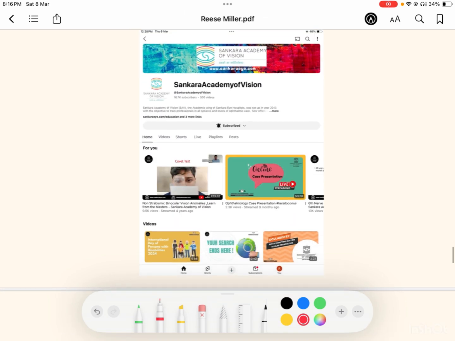Shankar Academy of Vision has videos on case presentation, and a few experts talking on specific topics like squint evaluation. I remember doing squint evaluation from their videos, and it was very, very nice. It included both the motor as well as sensory evaluation, why we do this test, why we don't do this test, which is better than this test, and in such a patient, will you do this test or not?